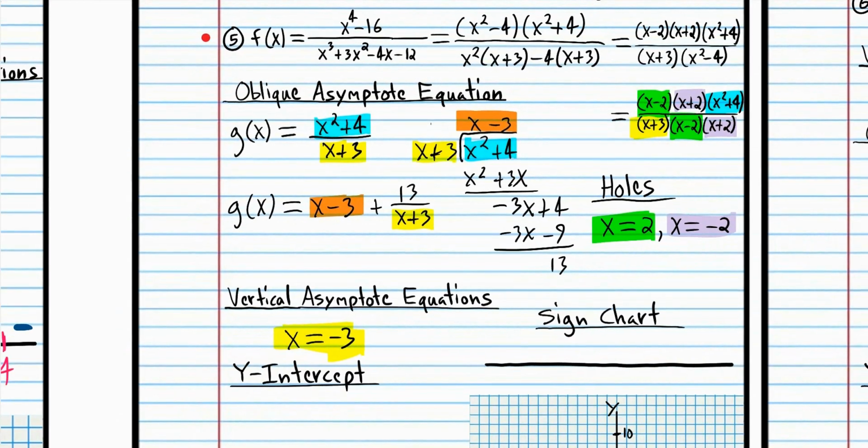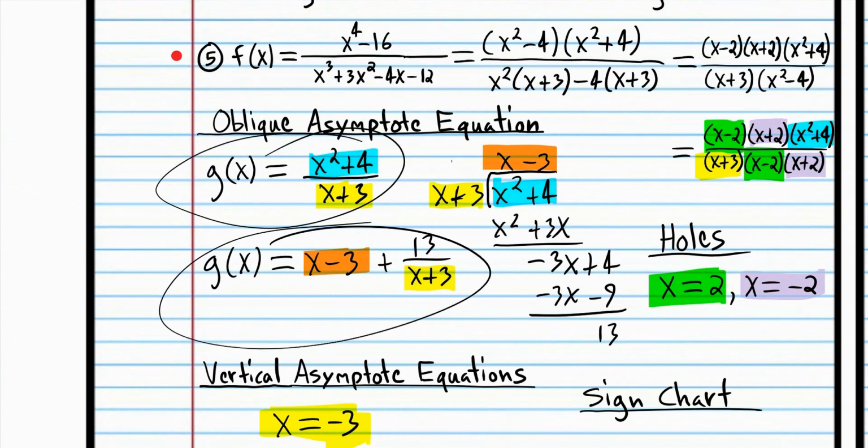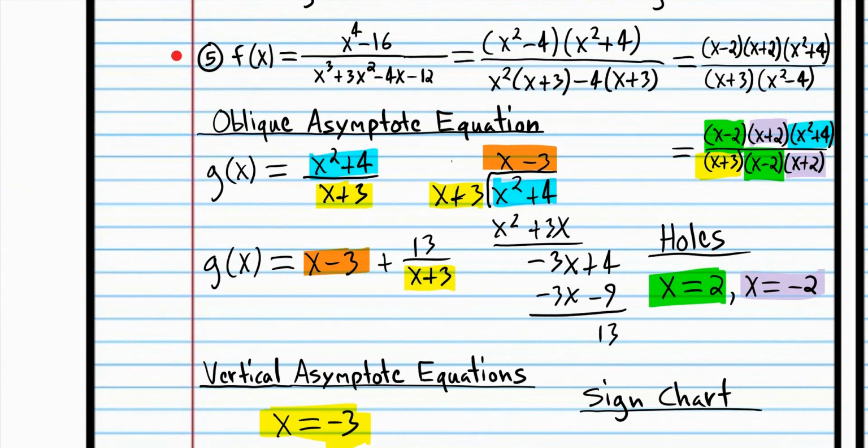Okay, so now changing the expression to this form tells us some useful information. As x becomes very big positive numbers or very big negative numbers, this fraction approaches 0 and it just becomes negligible.